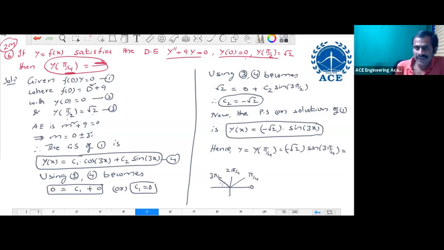In the second quadrant, sine is positive. So sine of 3 pi by 4 is 1 by root 2. Minus root 2 times 1 by root 2 becomes minus 1. So finally, the answer is minus 1.